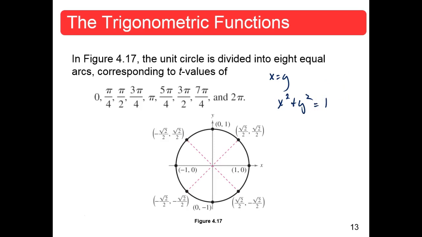Now, what do you want to plug in for? Plug in x for y or y for x? I don't care. Name one. Because x is equal to y, I can plug one in for the other, right? Which one do you want to do? x, okay? So we'll have x squared plus, instead of y squared, x squared is equal to 1.